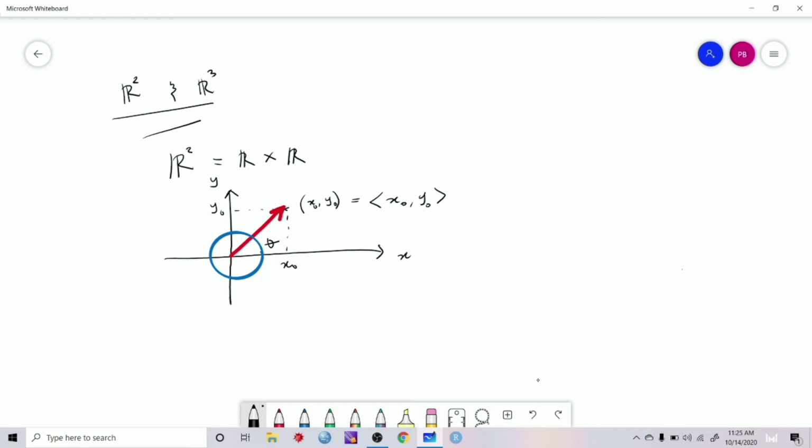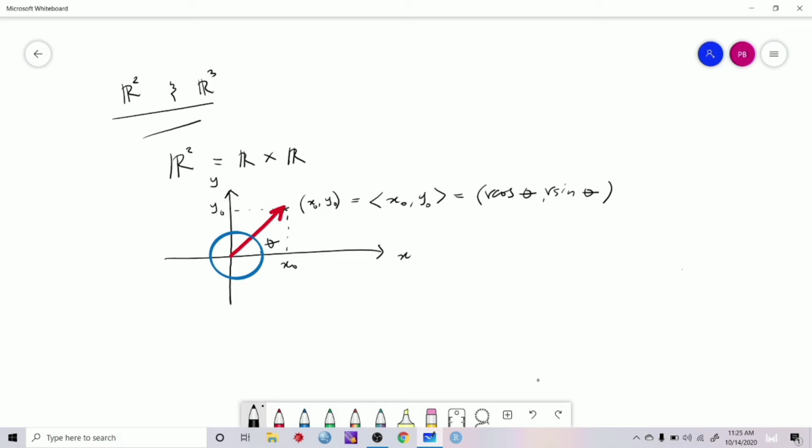If we have this theta here, we can represent the point x naught, y naught in terms of cosine of theta, sine of theta, but you multiply cosine and sine by r, meaning r is the radius.